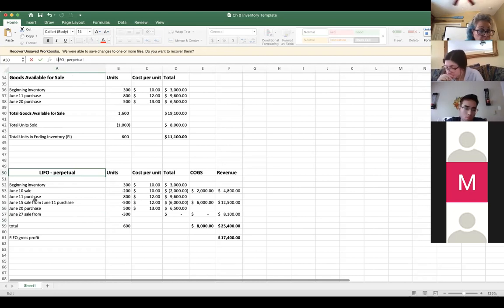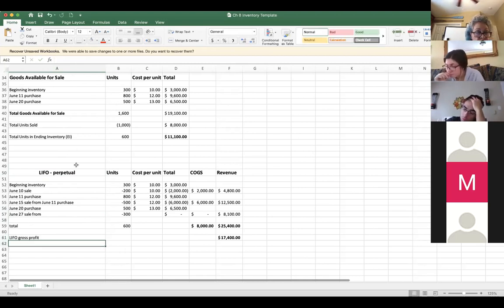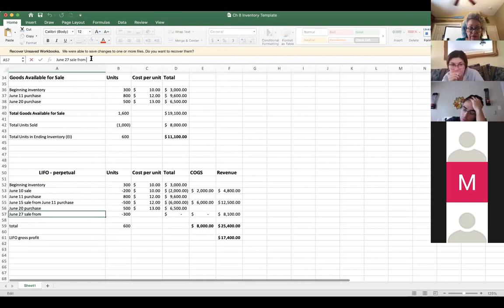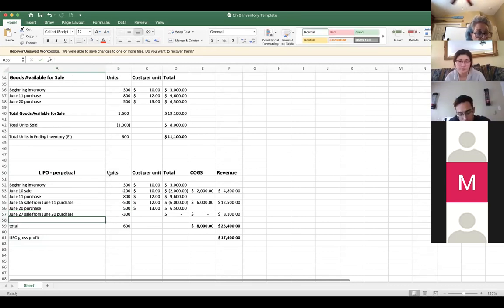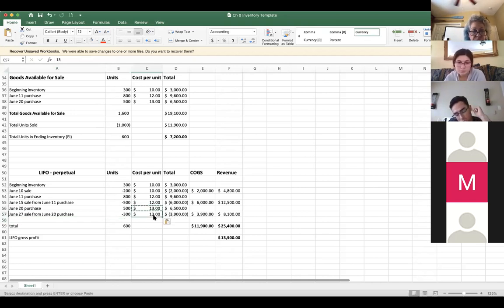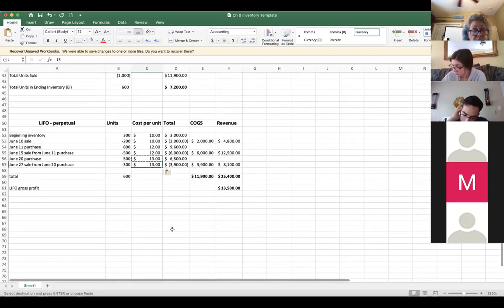The June 20th purchase. Good. Everything from the last purchase, because it's last in, first out. So everything would come from the last purchase of June 20th, which is at $13 a share, a unit.